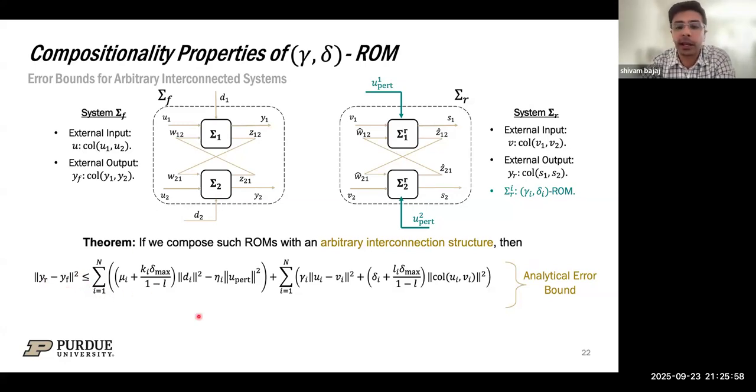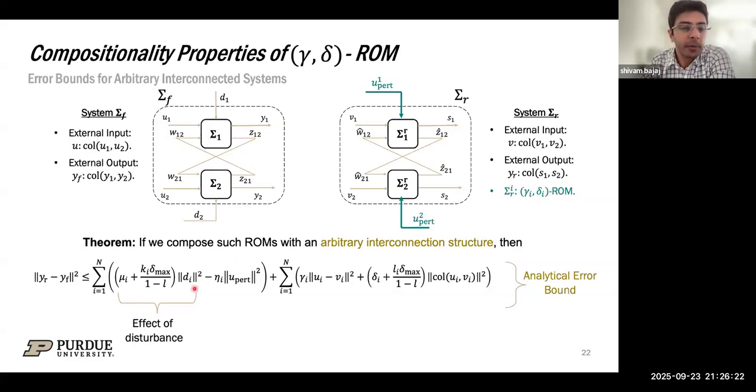And the error bound is again given by the right-hand side of this expression, where the first part again characterizes the effect of disturbance. Now, recall that these gamma and delta are constants obtained from an optimization problem, so these values are supposed to be small, and this delta max is the maximum of those delta values that I get.